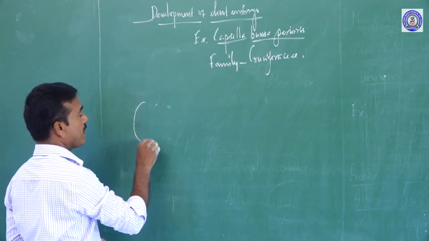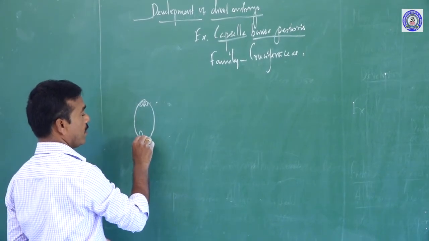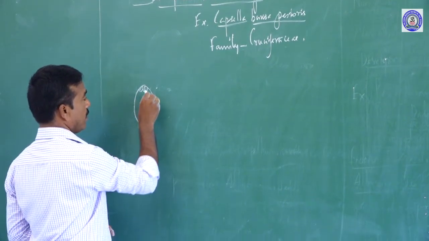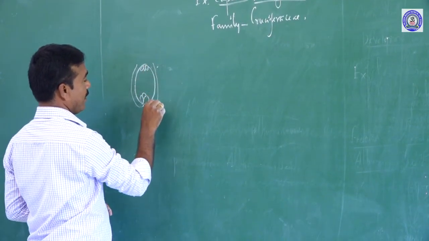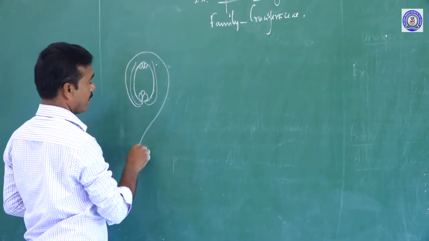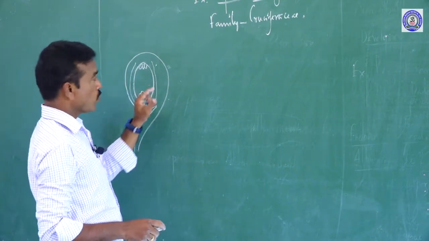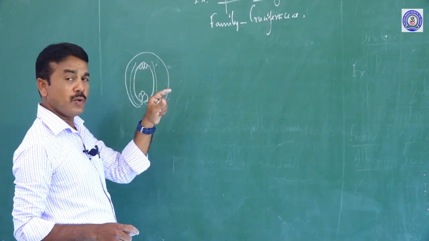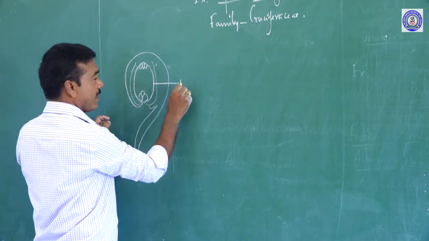So the embryo sac consists of this. This is commonly called the embryo sac, which I already explained in the last classes. So the embryo moves to the base of the embryo sac.